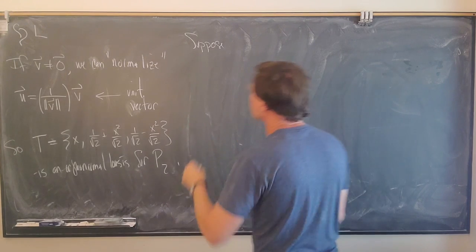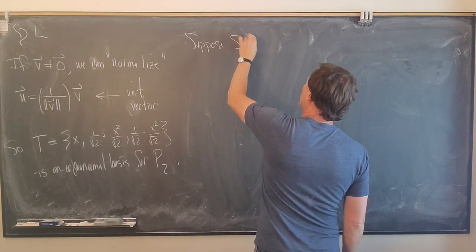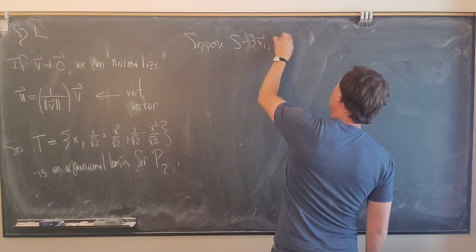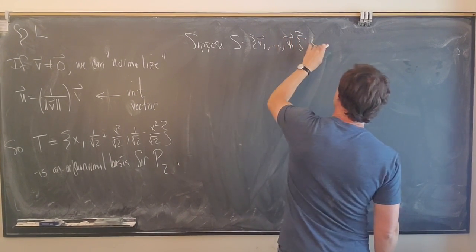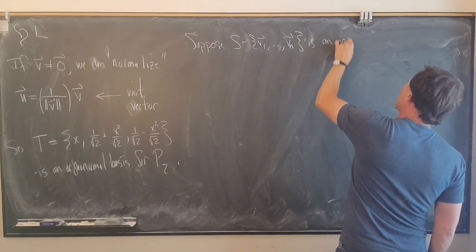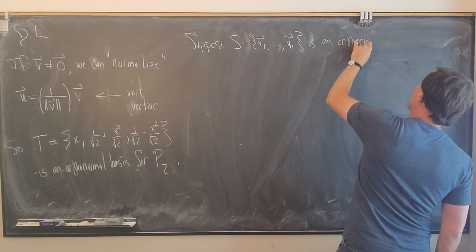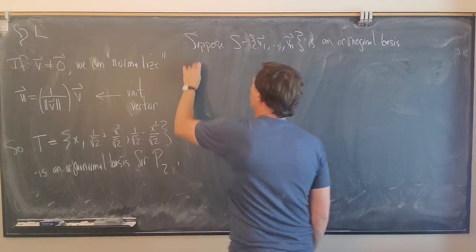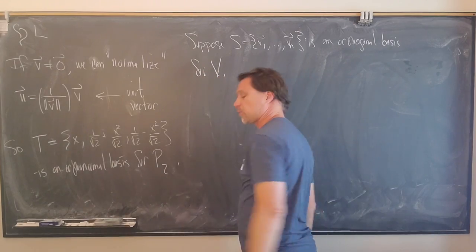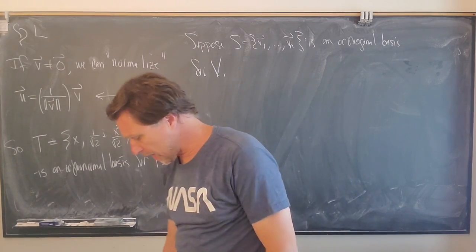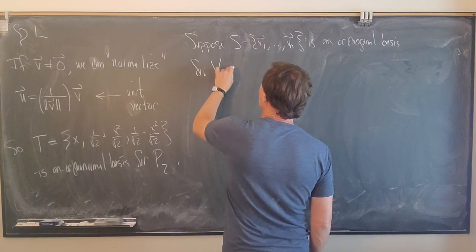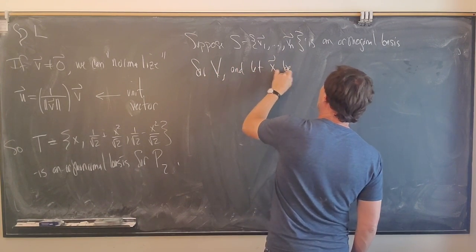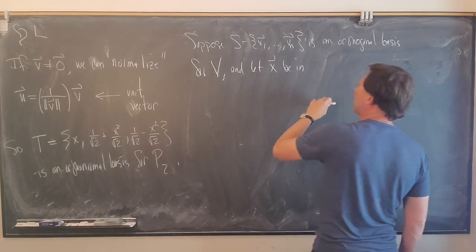So suppose S equal to v1 up through vn is an orthogonal basis for this inner product space V. And let's choose some vector. So let x be any vector in V.